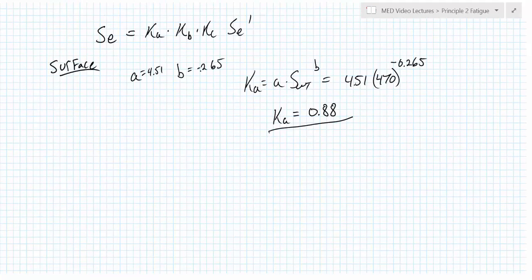Now we need to account for the fact that the size of our shaft is not necessarily the same size as the test specimen. This is the size factor Kb. So recall the size factor Kb is based on the diameter. So this is a solid round shaft that is rotating.